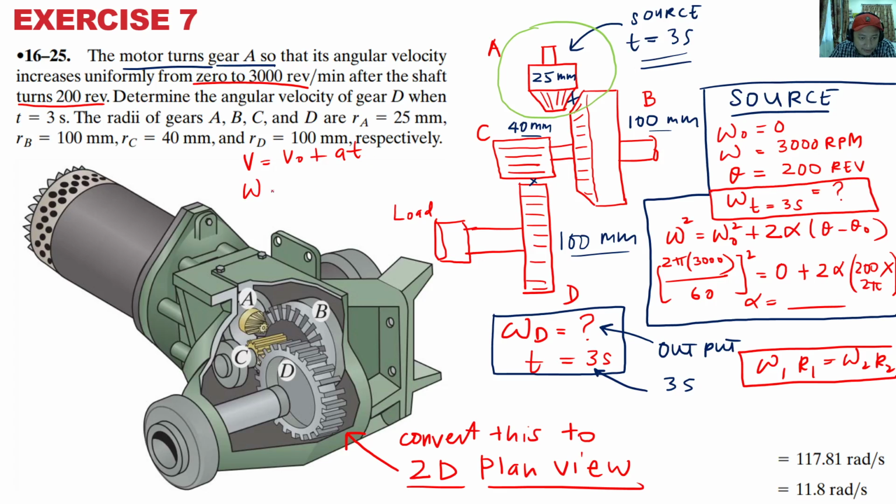So omega is equal to omega naught plus alpha T. Omega naught is 0, alpha you get from here, T is 3 seconds. Then you get omega. Complete it, okay? So solve this one.